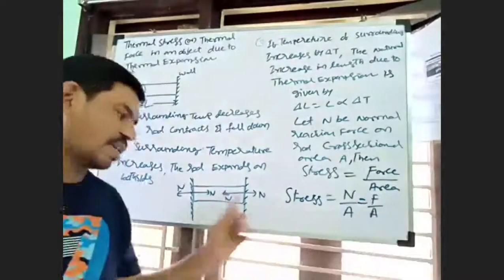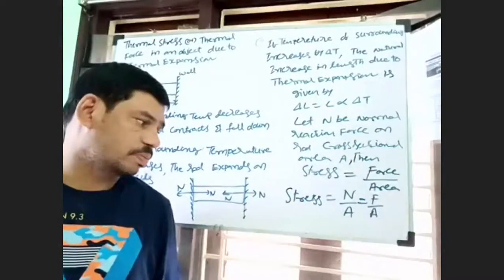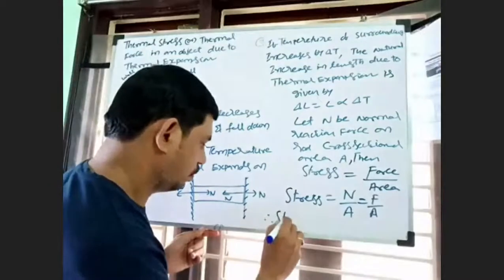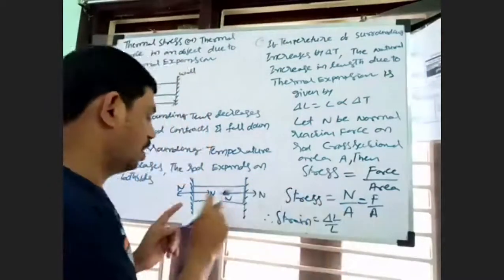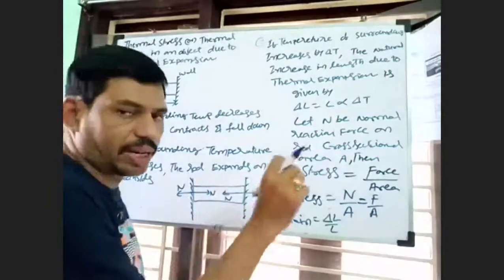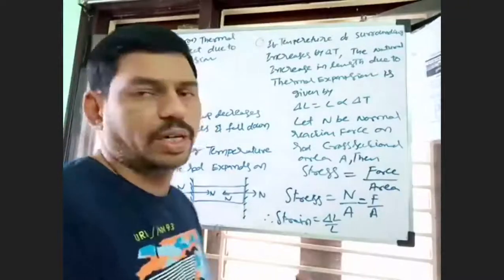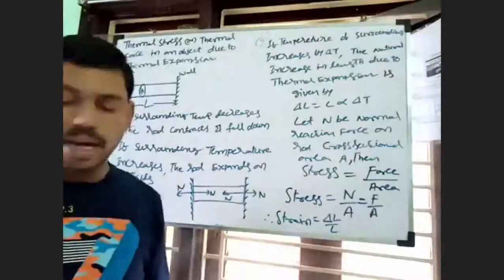Strain equals delta L by L: change in length by original length. The change in dimensions to the original dimensions is called strain. So delta L by L is strain.